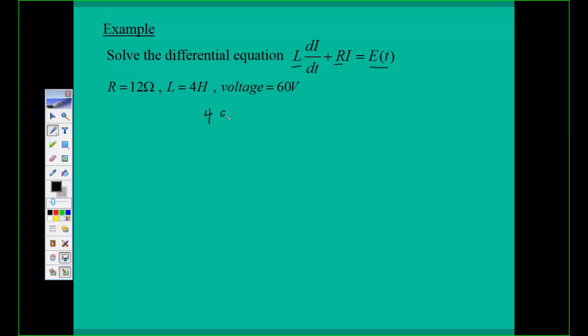We'd have 4 times di dt plus 12 times i equals 60. Let's solve for di dt. If we subtracted 12i from both sides and divided by 4, we would have 15 minus 3i.